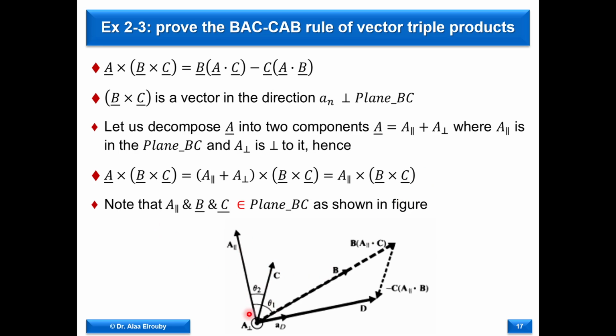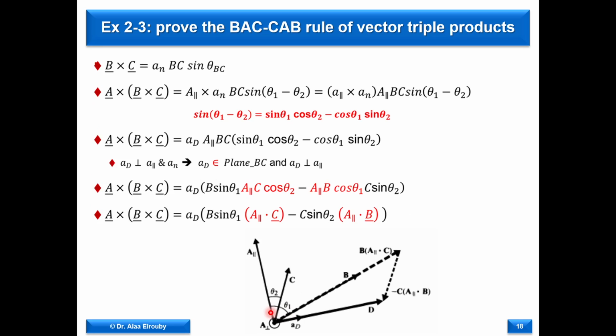Okay? So we can just draw A parallel to be somewhere in this plane, and we'll assume it has an angle theta 2 with C, angle theta 1 with B. Okay, let's continue. So we can write B cross C as, we know the magnitude of the cross product, BC sine of the angle between B and C, which is theta 1 minus theta 2.